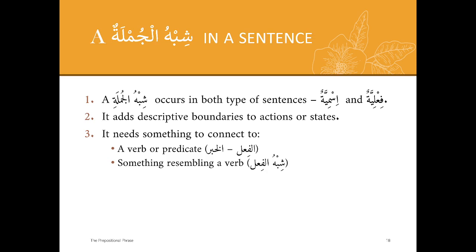The ism fi'l, ism fa'il, ism maf'ul, masdar, the sighat mubalaghah. All of these are your shibh fi'l. They behave like fi'ls. Yeah, they are isms, but they behave like fi'ls.